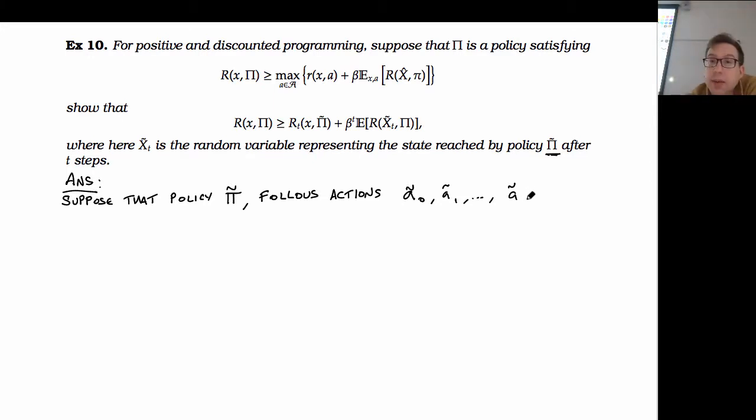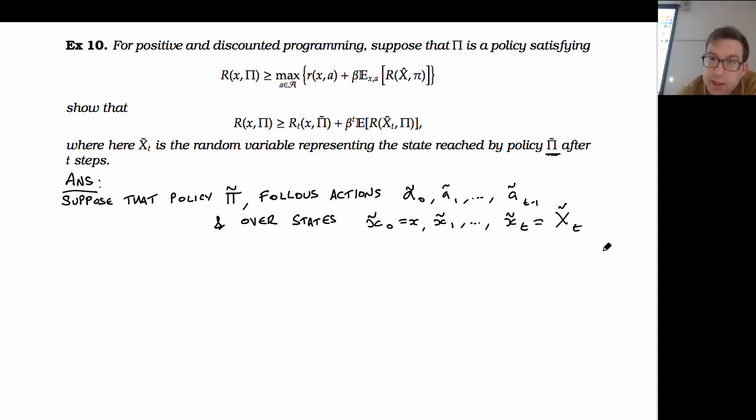Sorry, it should be t minus 1 here. So let's suppose those are the first t actions that this policy pi tilde takes, and it does it over these states x tilde 0, which is equal to x, then x tilde 1, all the way up to x tilde t, which is also equal to capital X of t.